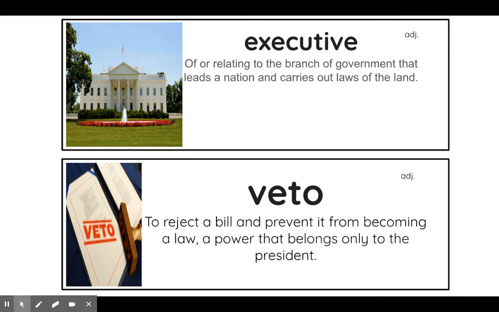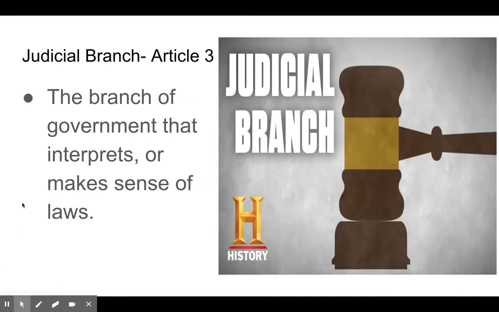They can reject a bill and prevent it from becoming a law. So if the president doesn't think that a bill proposed by the legislative branch, and a bill is a law before it's approved, should pass, he can veto it and reject it there. So the executive branch carries out the laws.